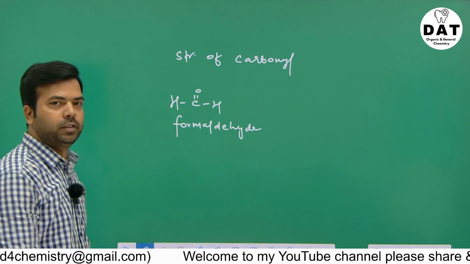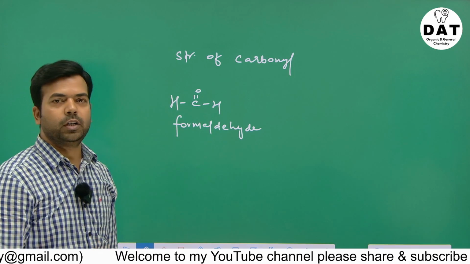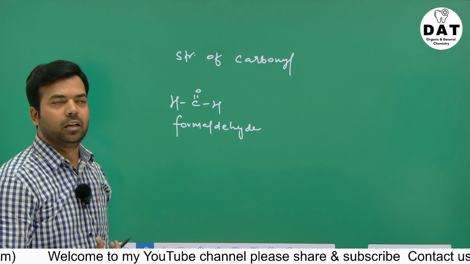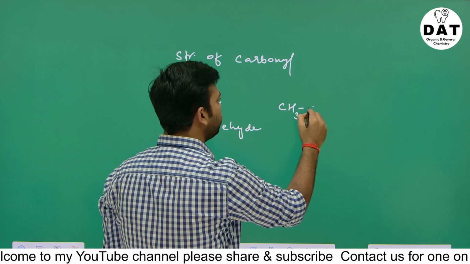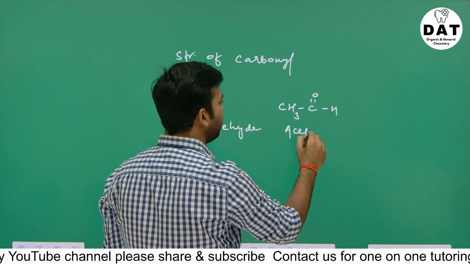Also in IUPAC system it is known as methanal, because just one carbon we have. So one carbon is my principal chain, and we all know aldehyde is like al. Okay, this is very important, CH3CHO. This is called acetaldehyde.